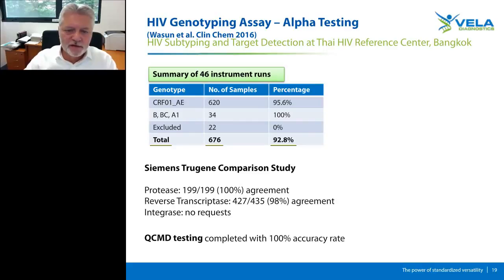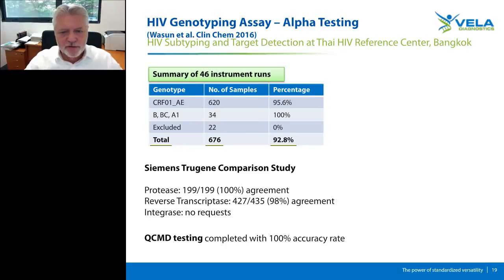But they looked at 676 samples in total, consecutive samples, found 620 CRF01s and 34 B, BC, and A1. And in the CRF01, they detected 96% correctly, and the B and BC and A1, the detection rate was 100%.